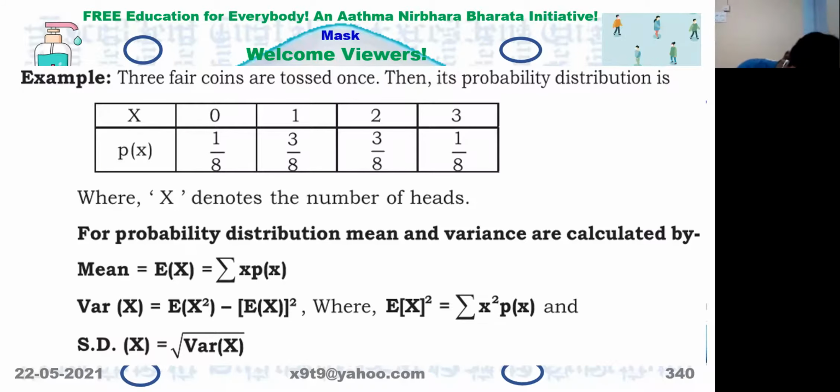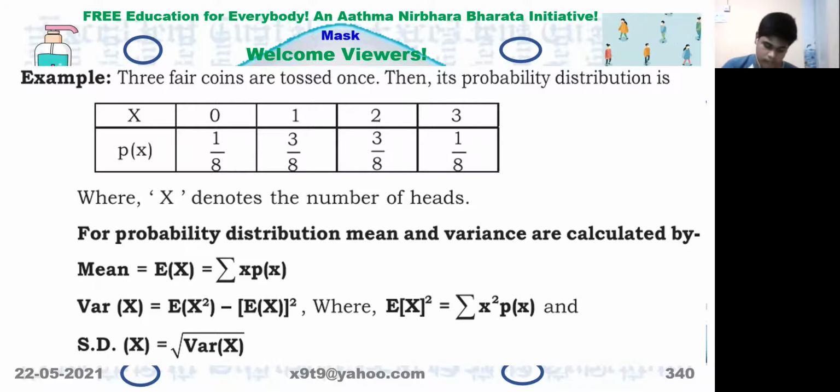Now you can write in the next column VAR within bracket x. That is the abbreviation for variance of x. You write VAR within bracket x because it is an abbreviation.